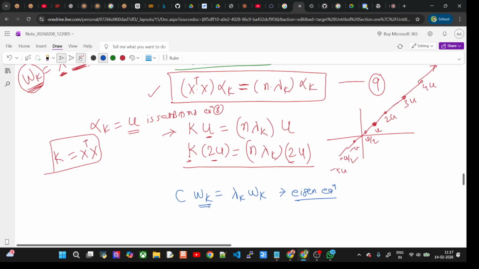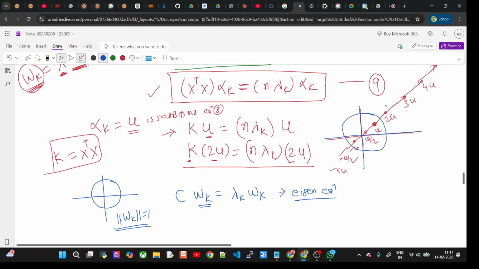But what is this wk? wk has unit length, which means the length of wk is 1. You want a vector whose length is 1, the circle area of wk, and only that you are interested in.